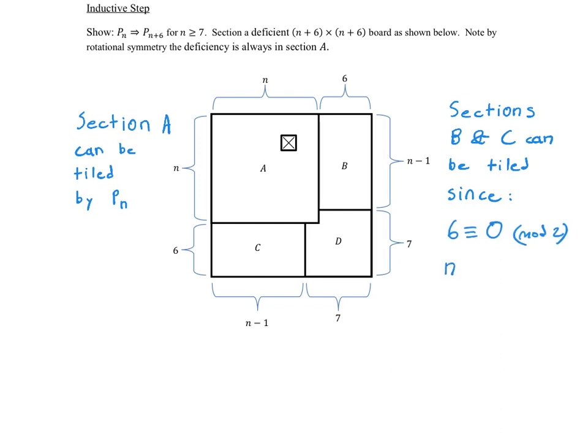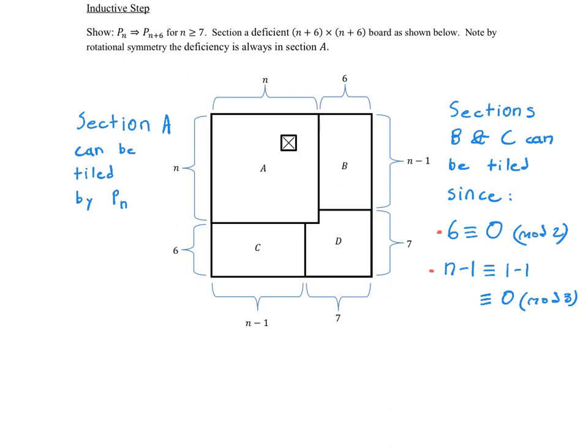And n minus 1 is congruent to 0 because n is congruent to 1 in mod 3. So we get 1 minus 1, which is congruent to 0 mod 3. So this gives us exactly what we need to tile both sections B and C, because we have the two conditions for our proposition. One of the dimensions is a multiple of 2, and the other dimension is a multiple of 3.